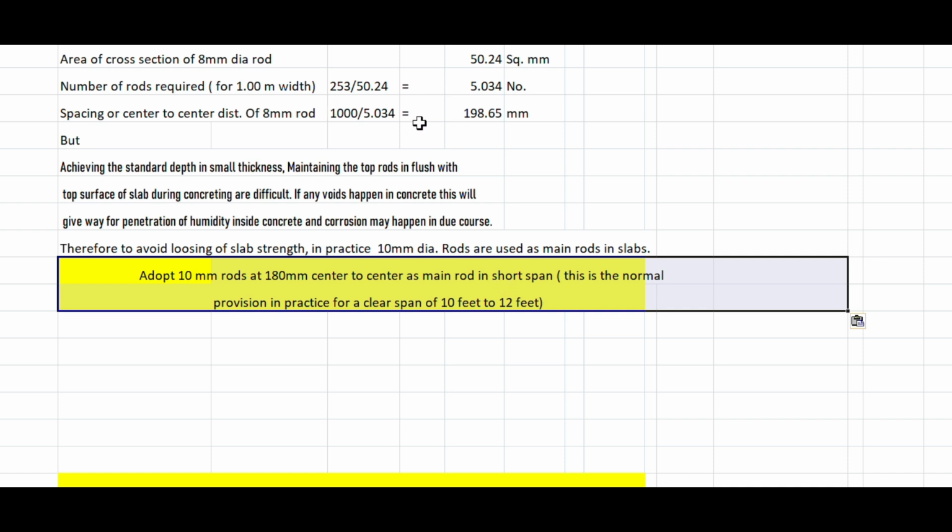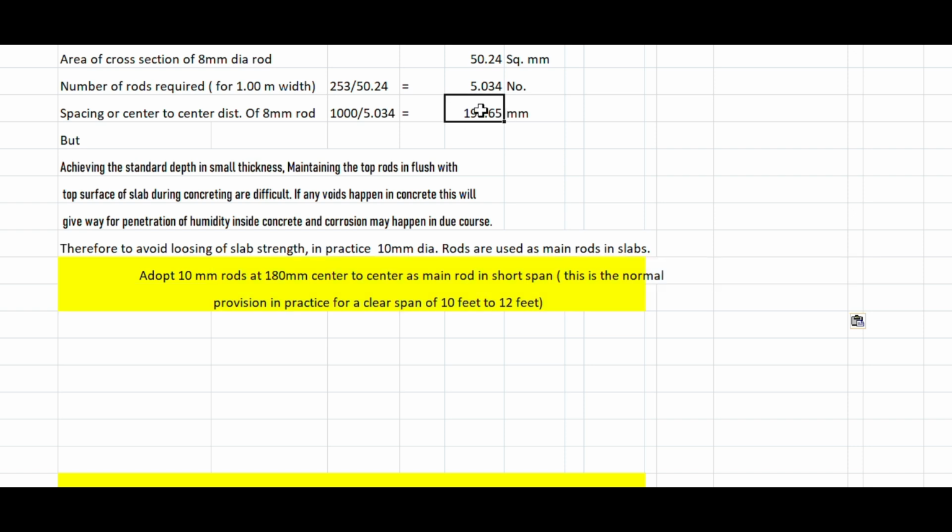Previously, we calculated 8 mm rod at 198.65 mm as the theoretical requirement, but practically we can make it 10 mm at a spacing of 180 mm, that is 7 inches center to center. This rod is generally adopted in all practical buildings, which are considered quality buildings.